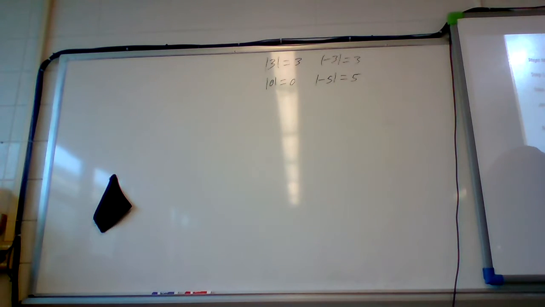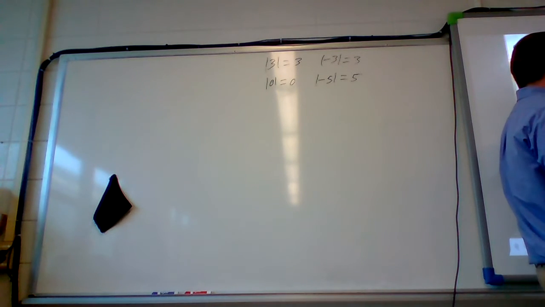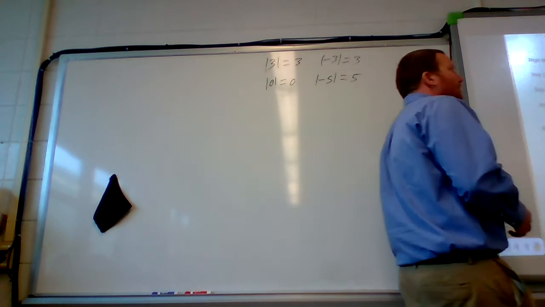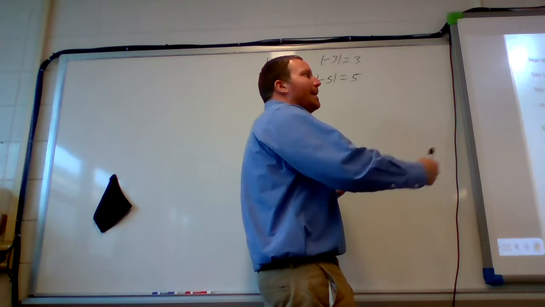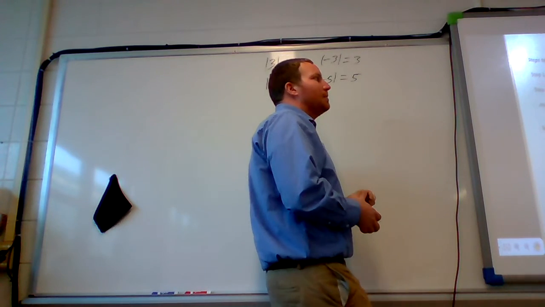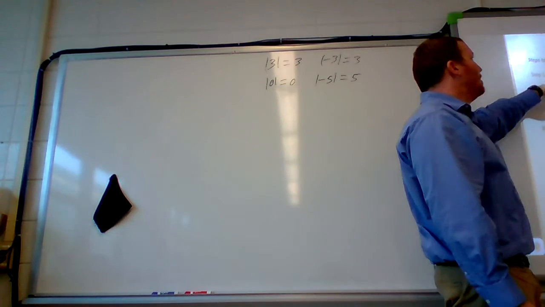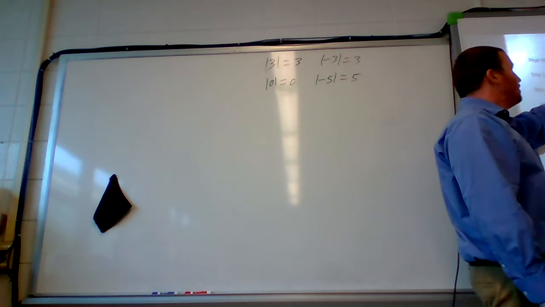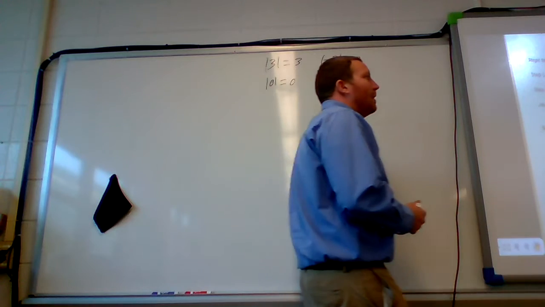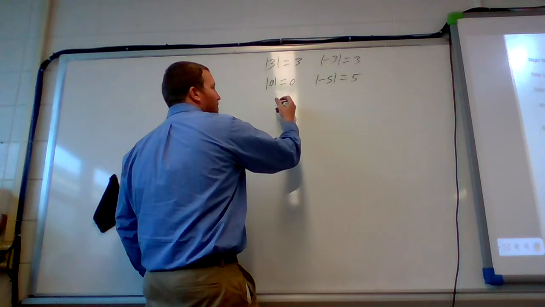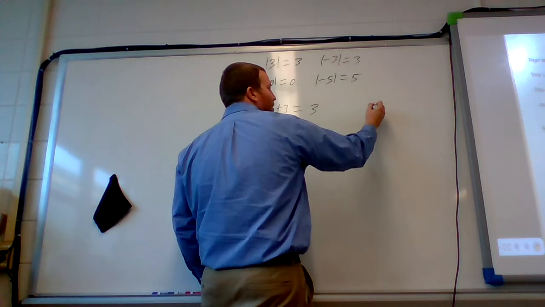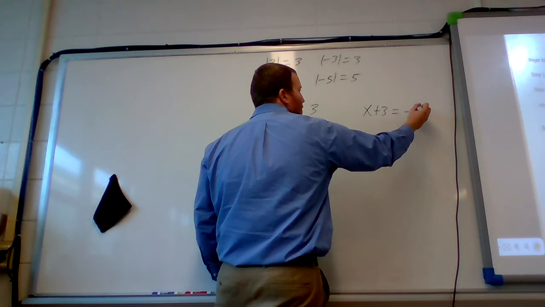So we have to solve for the absolute value first. So in this case, we have |x + 3| - 8 = -5. So we add 8 over. Then we have the absolute value of x + 3 = 3. So we have to isolate that absolute value. The second step is we want to set up one positive and one negative. So we have x + 3 = positive 3, and x + 3 = negative 3.